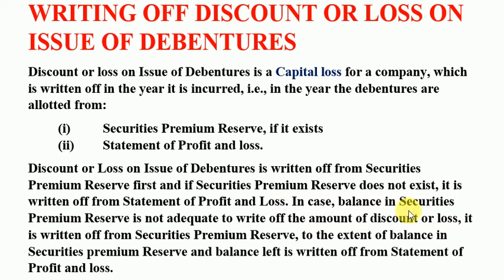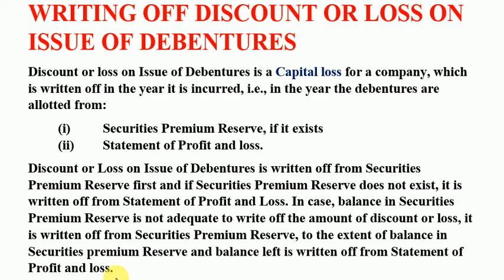In case the balance in securities premium reserve is not adequate to write off the amount of discount or loss, it is written off from the securities premium reserve to the extent of the balance in securities premium reserve, and the balance left is written off from the statement of profit and loss.